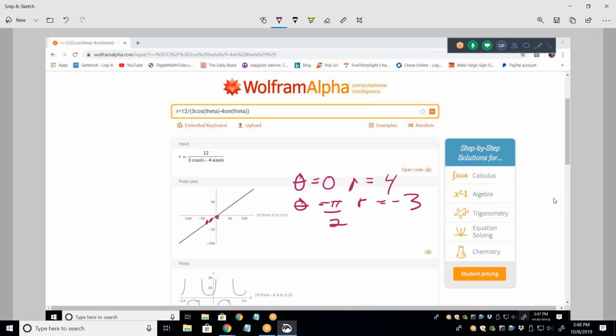Had we let theta go from 0 to 2 pi and plotted every 45 degrees, we would see a straight line as you go all the way around once. Okay. So let's see if we can figure out how else to do this.